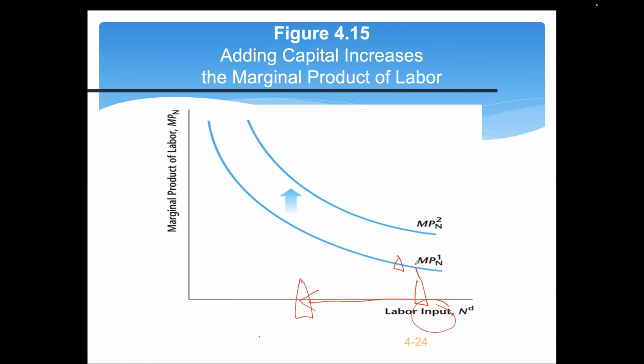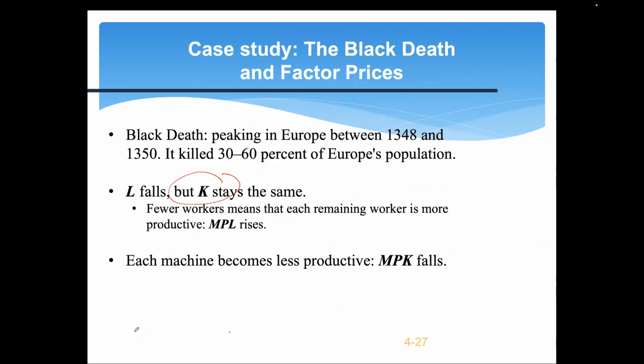And that means we are going to move from this star to this star. And that immediately means the marginal productivity of labor increases. All right. So let's go back to here. The marginal productivity of labor increases. At the same time, what happened to the marginal productivity of capital?